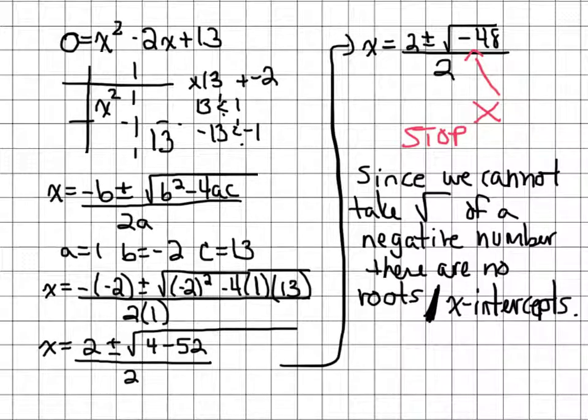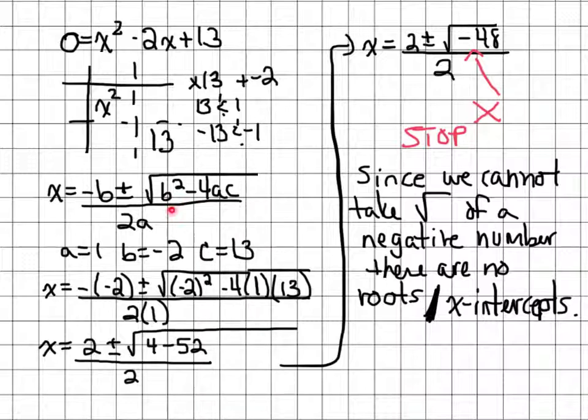So that's a really important thing to know. What happens is that this part here of the quadratic formula, b squared minus 4ac, is known as the discriminant. It can tell you how many roots or how many x-intercepts there will be. If b squared minus 4ac happens to be negative, such as in this case, then we know that there are no x-intercepts.